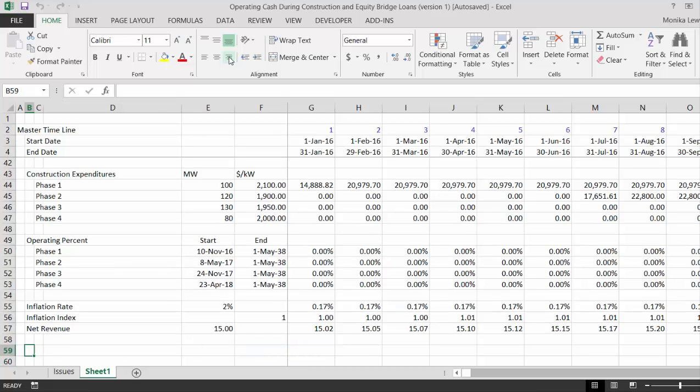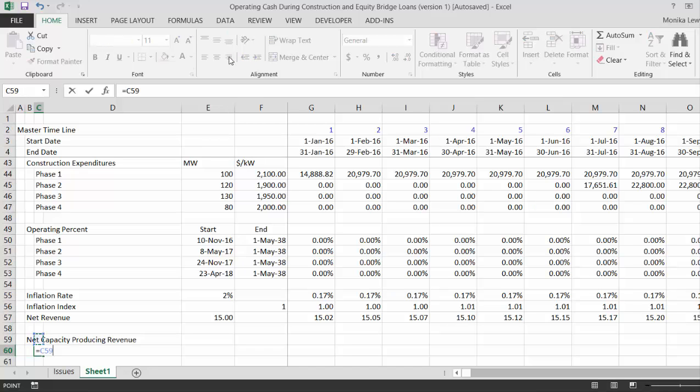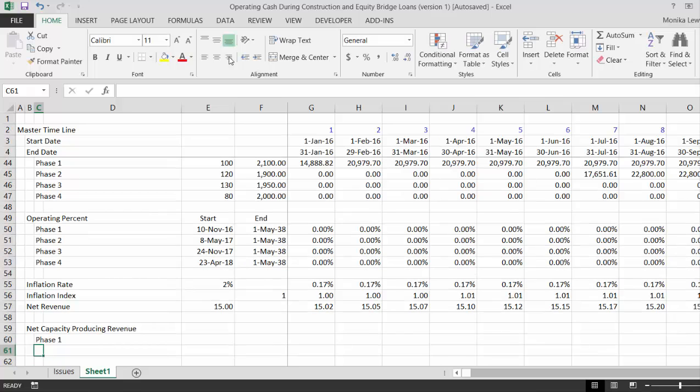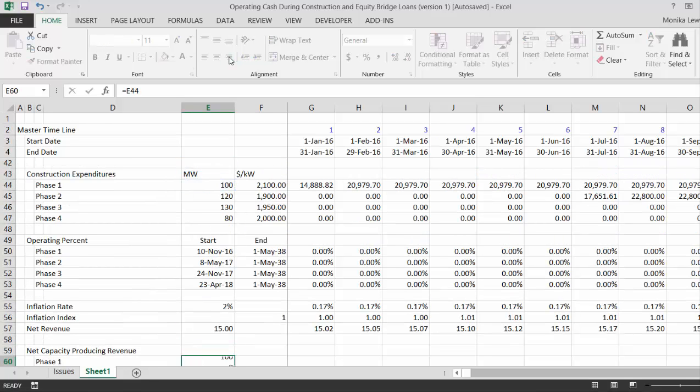Now we'll put revenues received, net. Oh, how about before that, how about net capacity producing revenues? And we can put back our kilowatts.